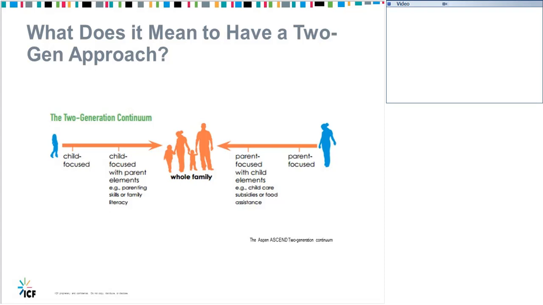So in many cases, there are child-focused two-gen programs and parent-focused programs. So it's really the question of what door you're walking in. Some of the more famous two-gen models started as early education providers and began offering parenting classes, or they started out as job readiness providers and began offering more developmental services rather than just childcare so folks could come to classes.